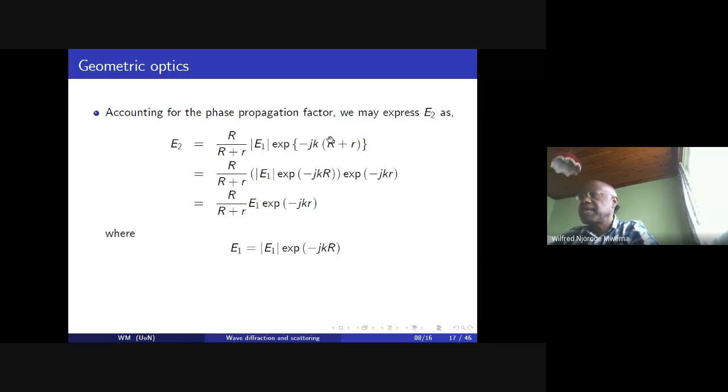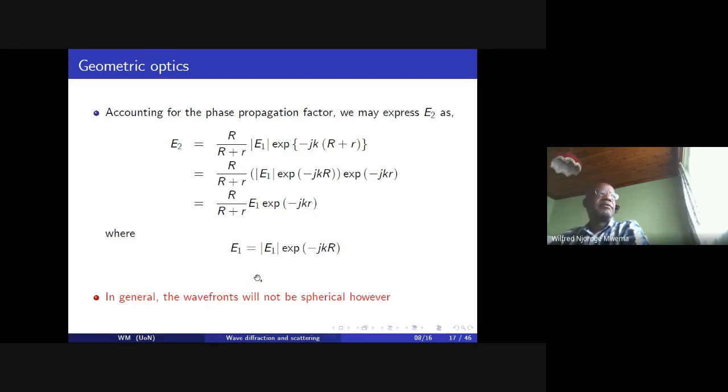And if we extract the big R, we see that this is exactly the field, including the phase propagation factor, at the position of A1. Therefore, we can write it straight away as R over R plus big R multiplied by the field at the position of A1 and by the propagation constant beyond the position of A1. So we can use the position of A1 as the reference point.